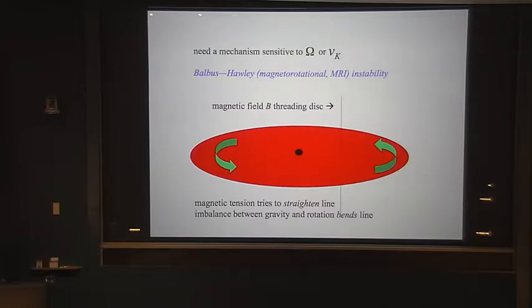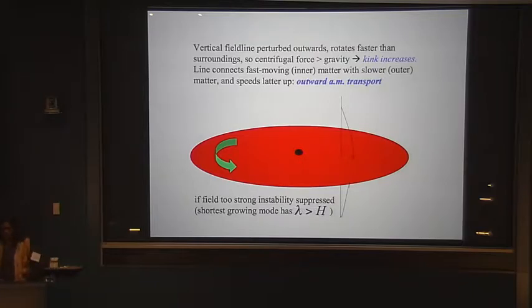And partly, not just magnetic fields, but the field configurations and the instabilities that those field configurations impart to the accretion disk. So for example, if you had a magnetic field threading an accretion disk, then the magnetic tension tries to basically straighten the line, and you have an imbalance between gravity and rotation that will tend to stretch the line.